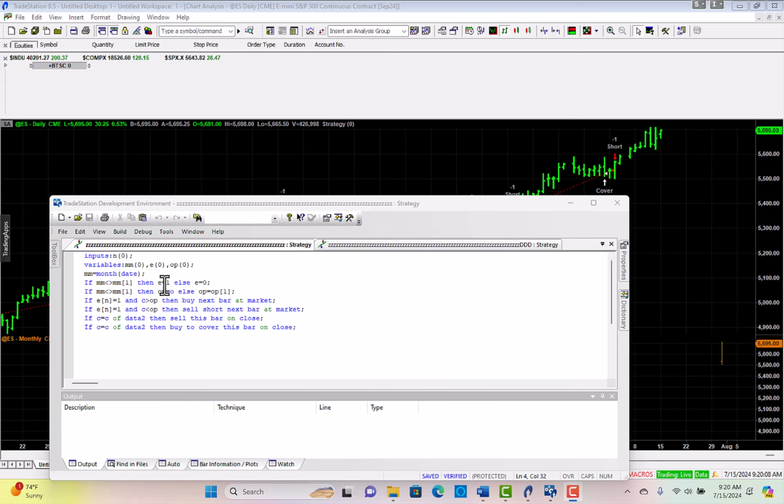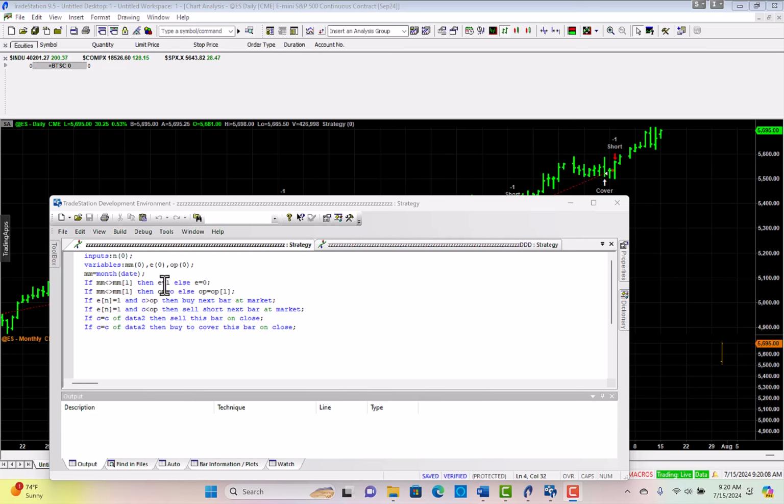That'd be the 22nd trading day of the month you would enter. So very simple. Hit optimization between 0 and 20 with an increment of 1, meaning we'll take every day in between. Hit OK. Optimize.